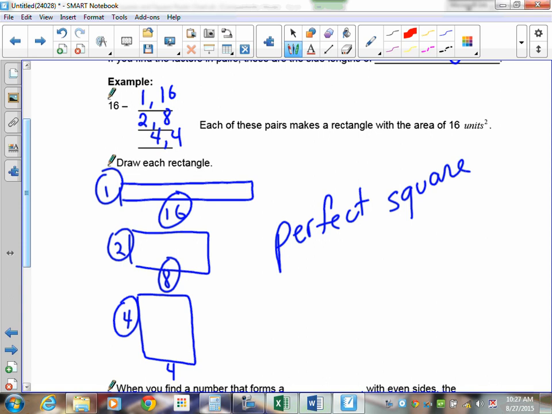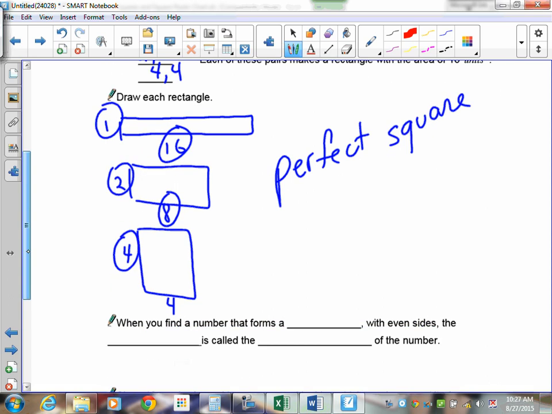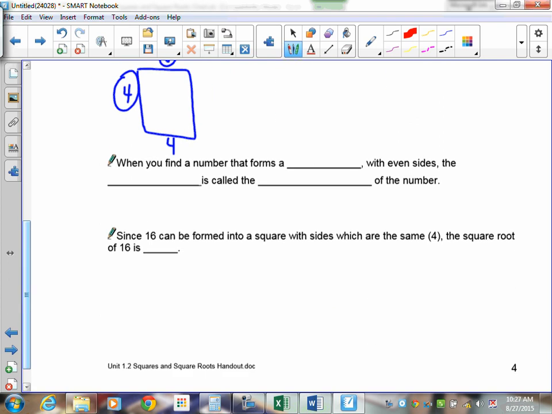It's too long. It's easier just to put them in pairs. So, looking at this, when you find a number that forms a square with even sides, obviously, the side length is called the square root.